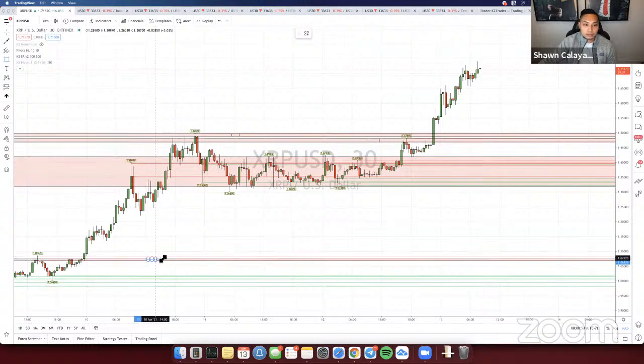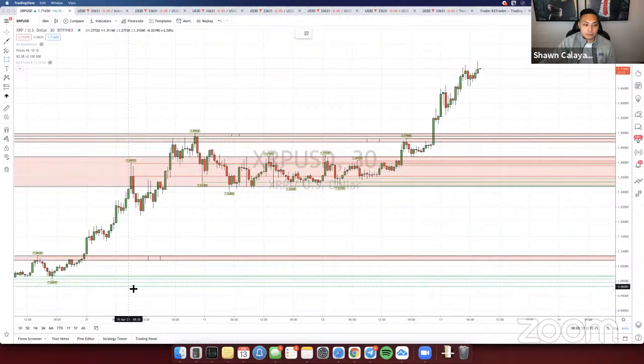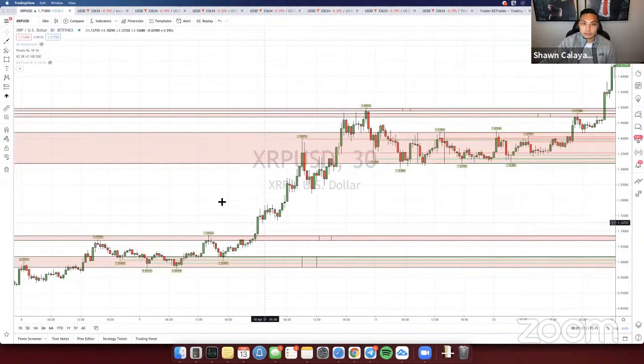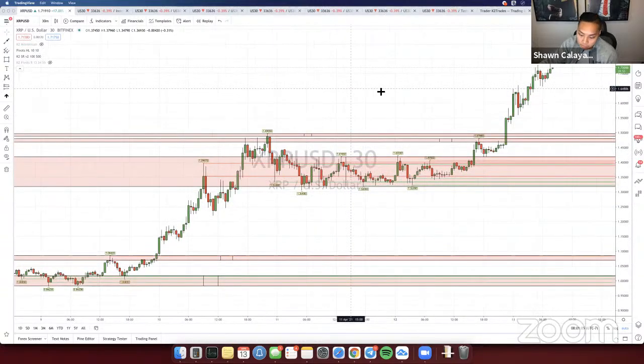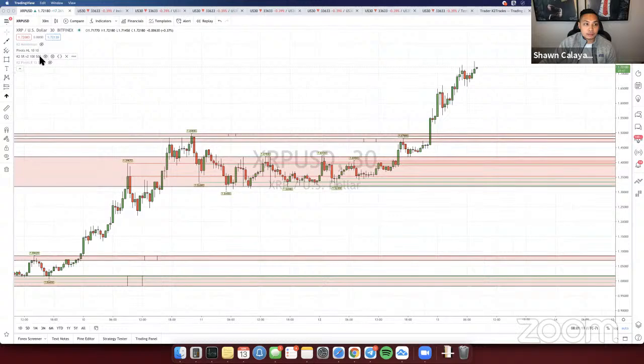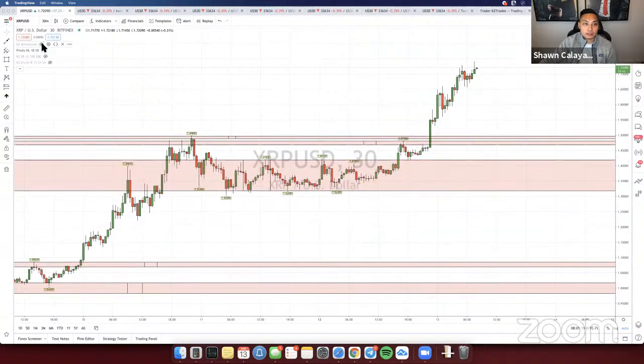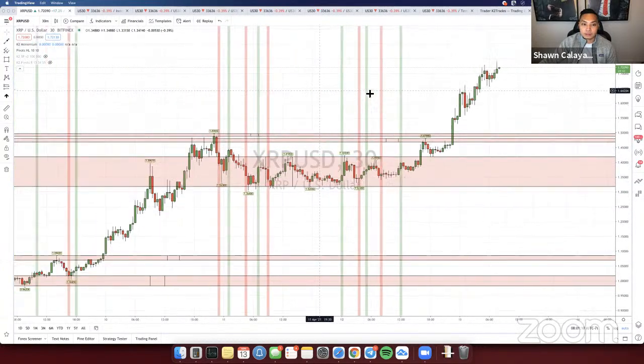All right, this looks good. Looking at XRP, if I turn this off and turn on the momentum indicator, the same strategy works here.